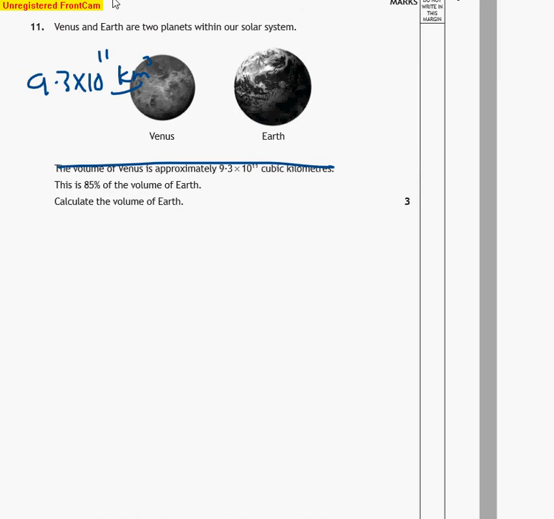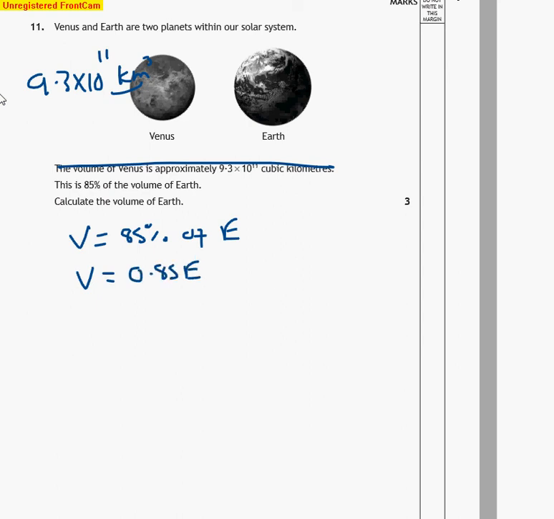So we're saying that Earth is equal to what? Well, actually, maybe a better way to write that would be to say that Venus is equal to 85% of Earth. So Venus is equal to 0.85 V effectively.